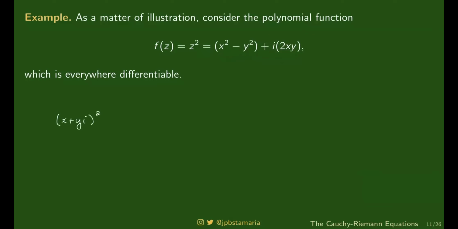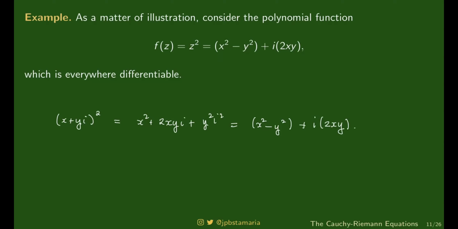Yung z, papalitan nyo lang ng x plus yi, and then take the square. You will get x squared plus 2xyi plus y squared i squared. Yung i squared ay negative 1, so magiging ganyan. I-separate yung real at imaginary part, so you get the following. Alright? Nasundan nyo ba yan?